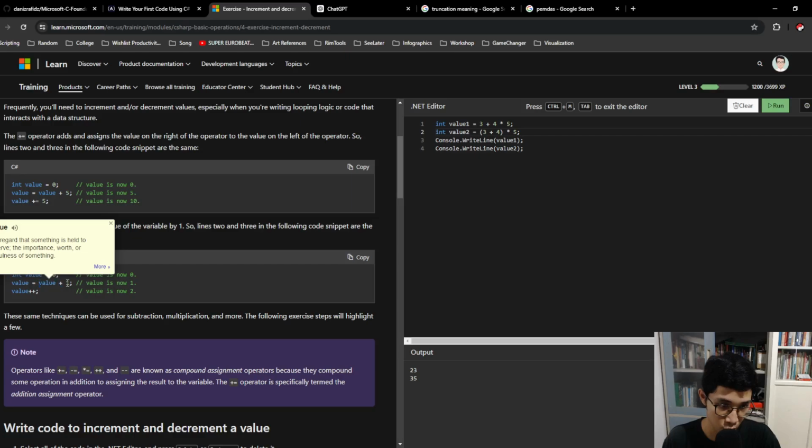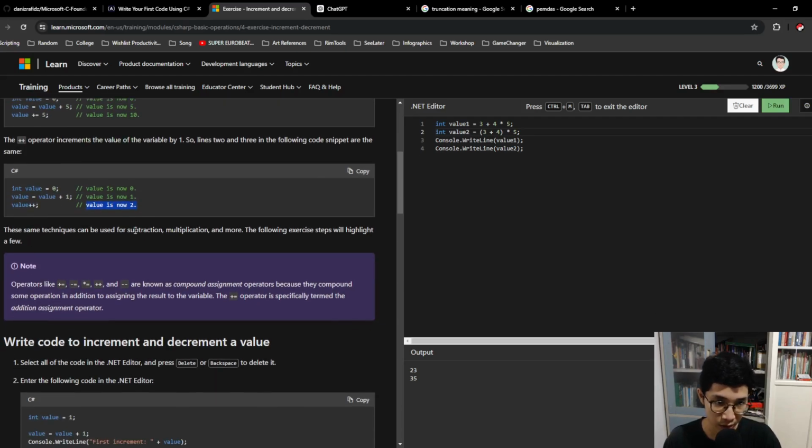So 0 plus 1 is equal to 1, so the new value is now 1. And then value has plus plus as a suffix, which means the value is incremented by 1. 1 plus 1 is 2. So the value is right now 2.